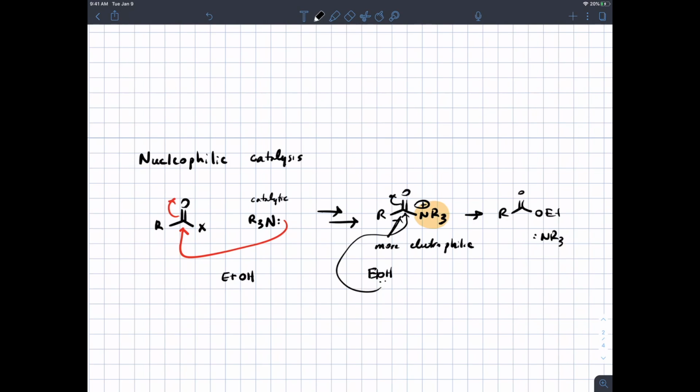So this is used in a lot of amide bond forming reactions, and a lot of peptide coupling reactions actually use amines or other kinds of additives to make carbonyl compounds more electrophilic.